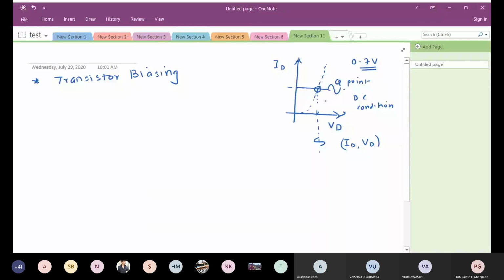If you remember, there was a load line corresponding to the diode. Similarly, we have a DC load line, which is similar to the diode one, and it can be drawn on the transistor output characteristics.